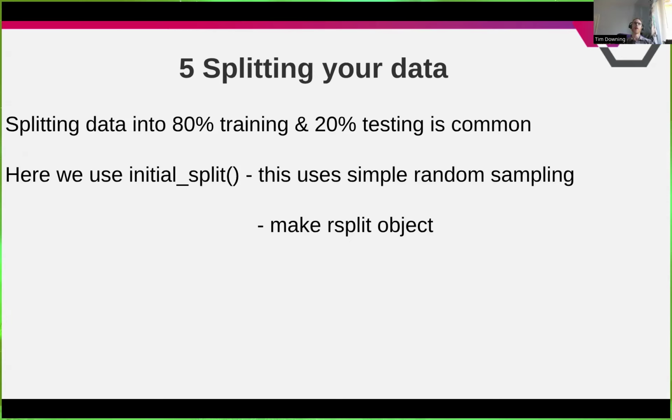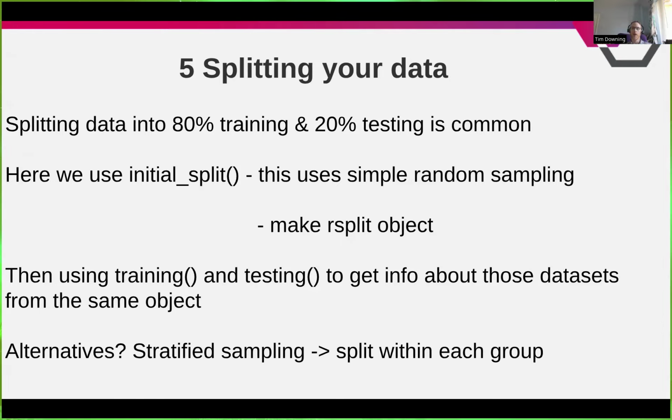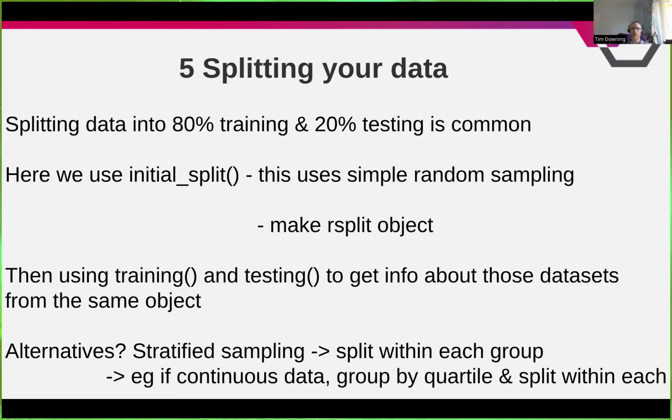For example, if our cases are very rare and controls are very common in a human population, that could be a common approach. So I'll make an R-split object and use the training and testing functions to get info about these data sets just to see how different they are. And then alternative approaches could use stratified sampling.